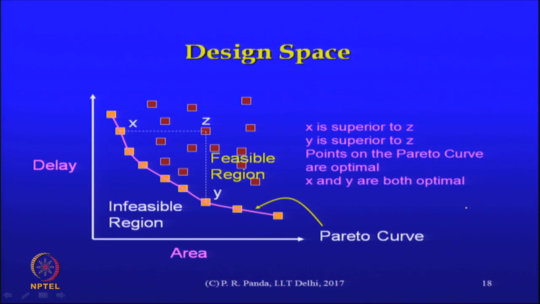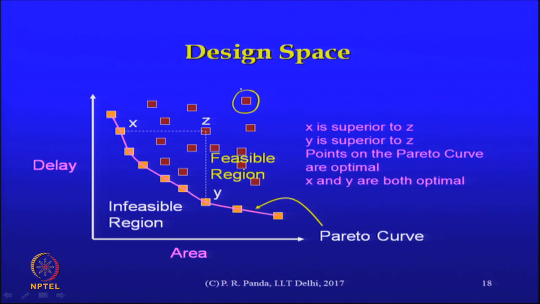What we have indicated here is a 2-dimensional picture in which you have area on one axis and delay on the other axis, considering that these are the parameters of importance when it comes to evaluating our design. What do each of these points represent? They represent a sample solution. The solution consists of all our decisions of scheduling, resource allocation, binding and so on.